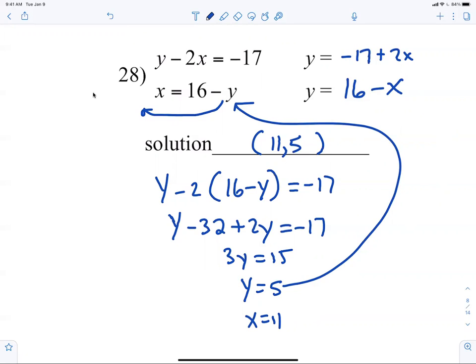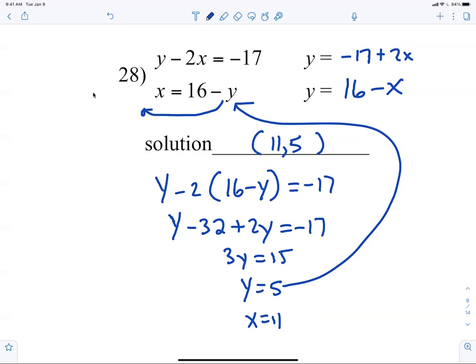Go to window and set the X max to 15. Now hit graph, and you should be able to see the point of intersection on the screen.